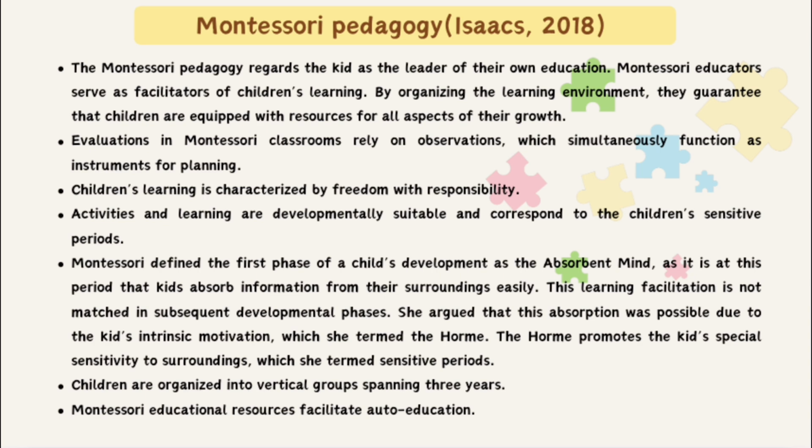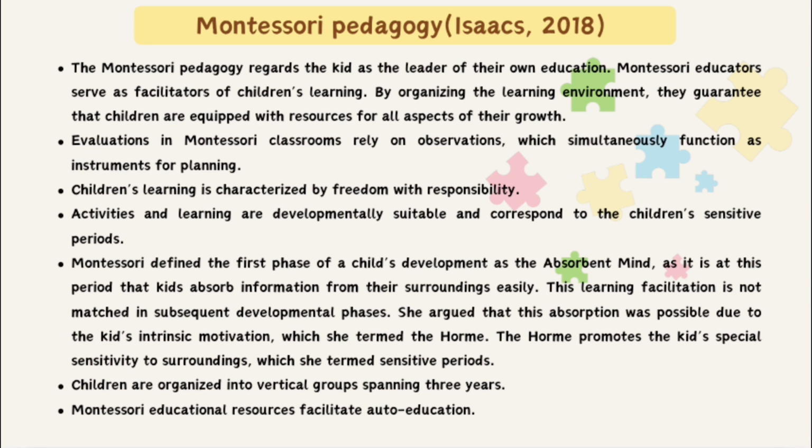Activities and learning are developmentally suitable and correspond to the children's sensitive periods. Montessori defined the first phase of a child's development as the absorbent mind, as it is at this period that kids absorb information from their surroundings easily. This learning facilitation is not matched in subsequent developmental phases.